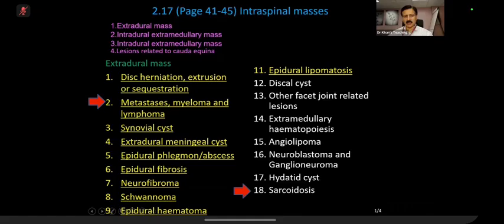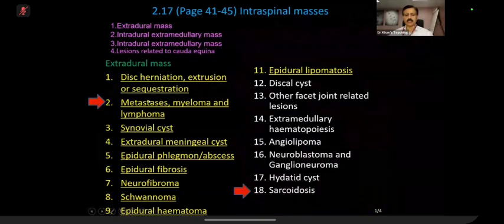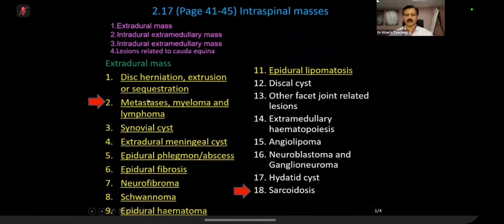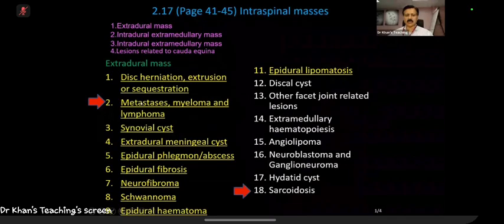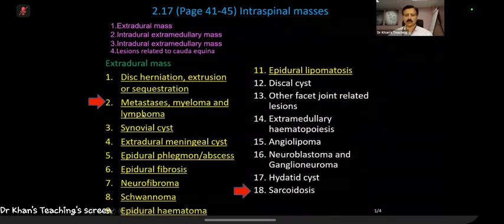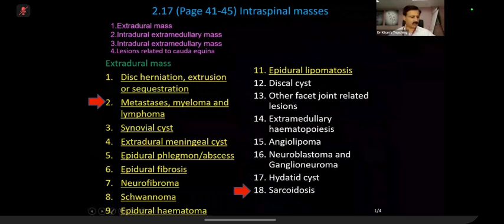For the extradural masses, a key thing for the exam is that there are a few lesions which can occur anywhere: intramedullary, intradural extramedullary, as well as extradural. Metastasis behave like this, lymphoma also, and sarcoidosis. Sarcoidosis is known as the greatest mimicker in neuroradiology, and it's a favorite for the examiners.